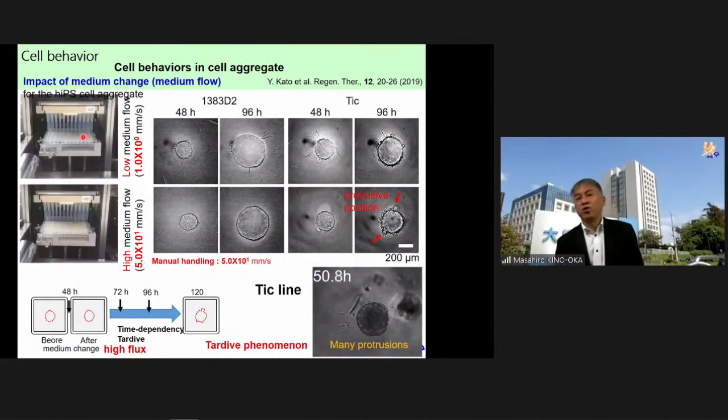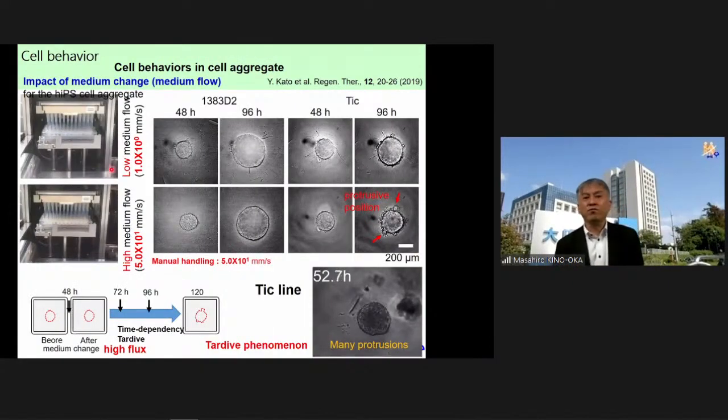So we prepared two types of medium flow. One looks like a very slow medium change system, the other a very fast medium change system, using the iPS cells, this type and this type.